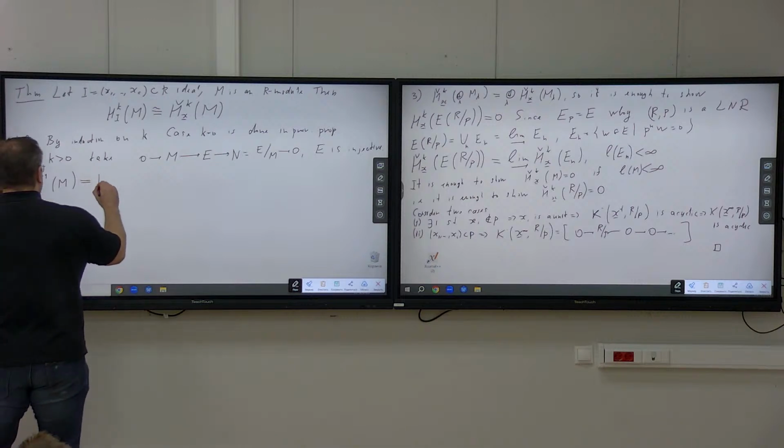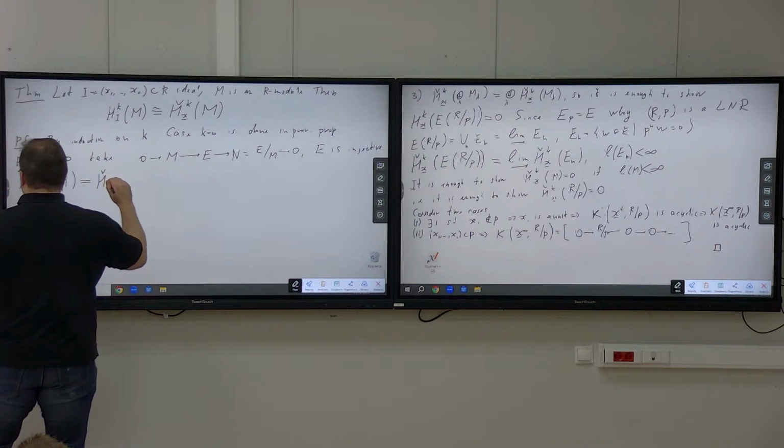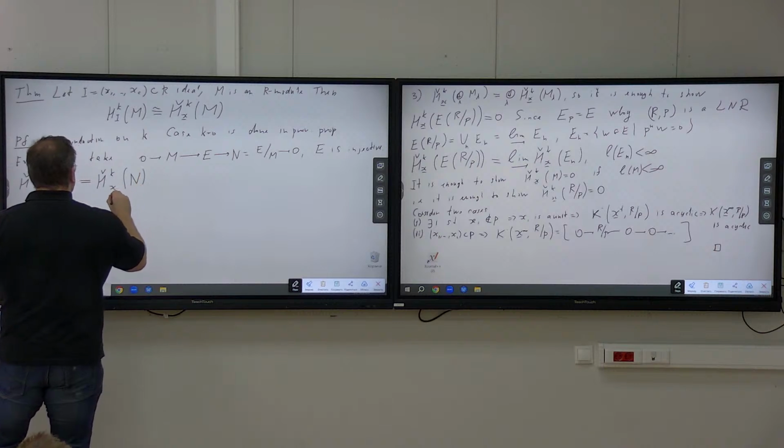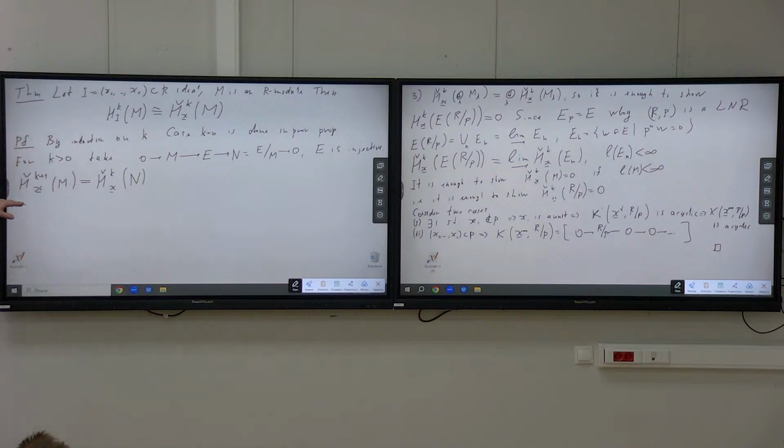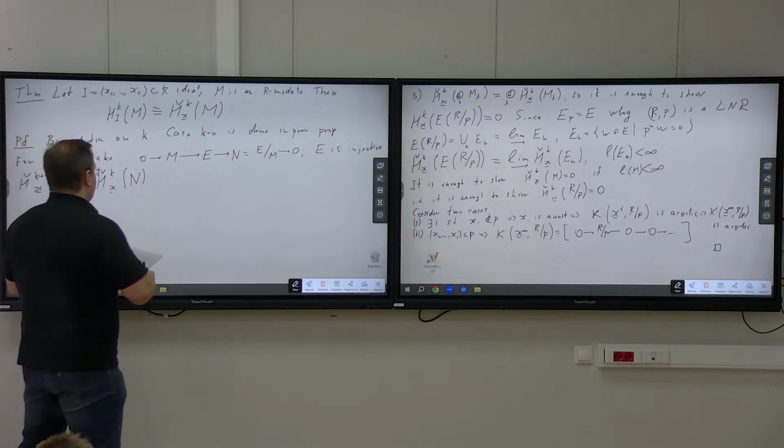So this will be the same as the Čech homology with the index k, but for the module N. Look at the long exact sequence and use the fact that on the injective modules we have 0, so the long exact sequence separates into such isomorphisms for each positive k.